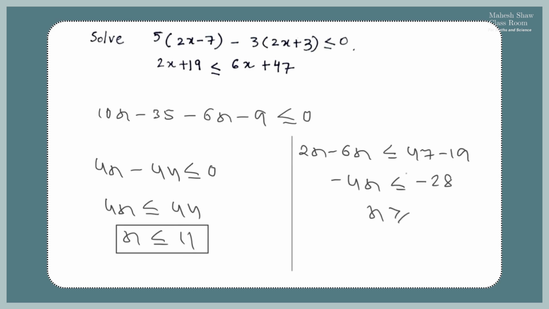So it will be x greater than equal to 7. So we just have to solve this and not represent on the number line. So we'll say that x is less than equal to 11 and greater than equal to 7.